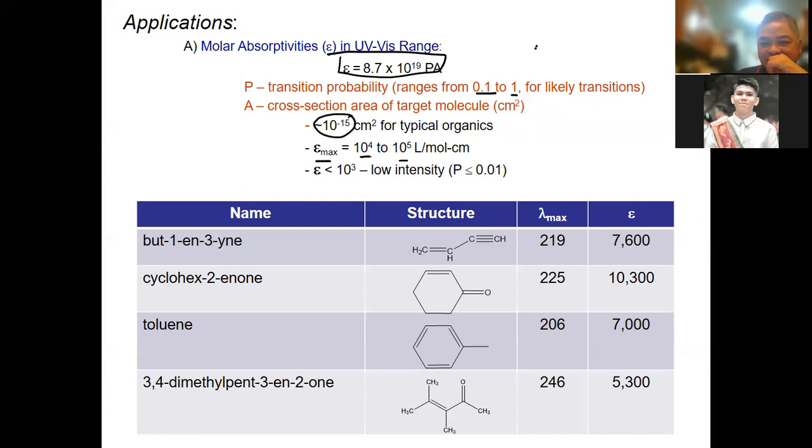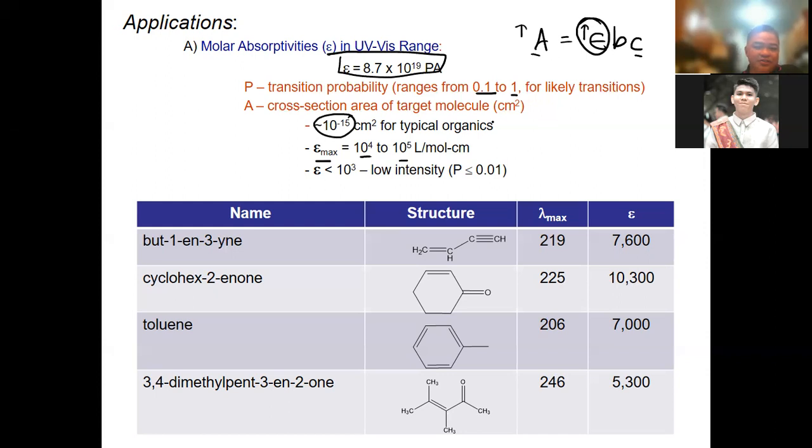Now, what is the relationship of absorbance with molar absorptivity? Do you want your molar absorptivity to be high or low? Based on this, it is directly proportional. So if this is high, that means even at lower concentration, you can detect the absorbance. If this is low, the absorbance will be low.